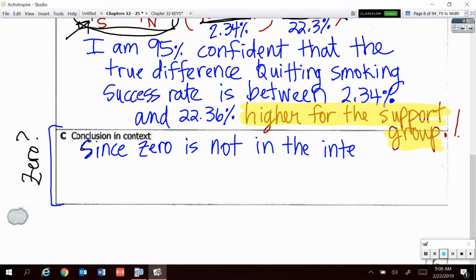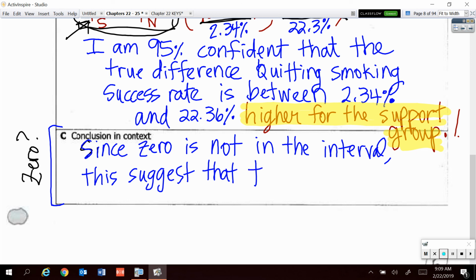So then I say, since 0 is not in the interval, this suggests that there really is a significant difference.